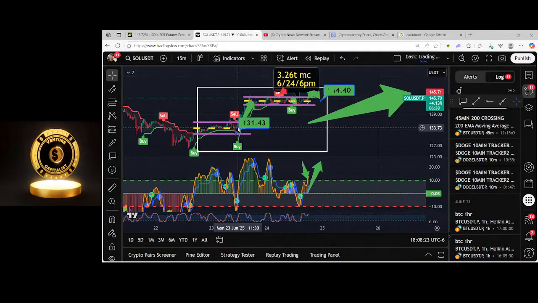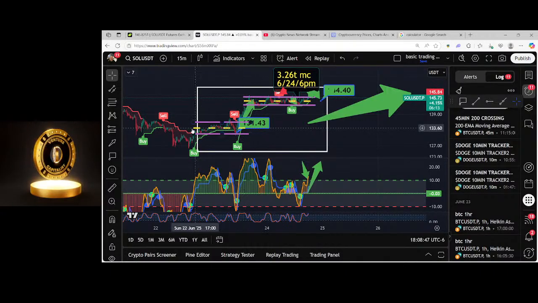This option is probably a highly recommended option because it's going to move 4 to 8% per move, which means your leverage only needs to be 30 to 40x, and remember, every 1% is a 30%. So if Solana moves 1%, then you've made your 30% profit.